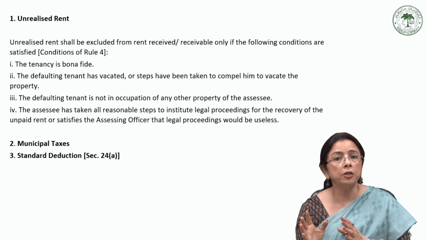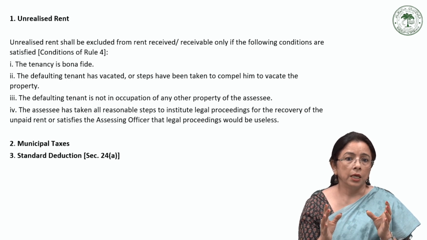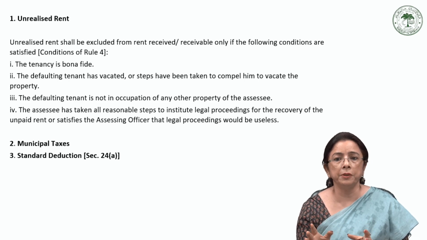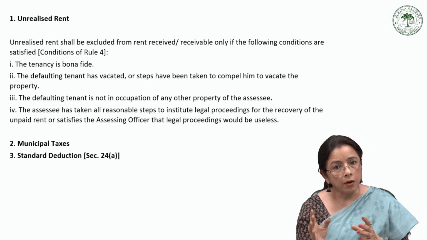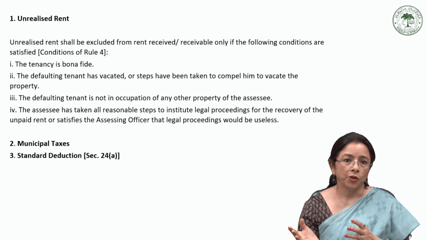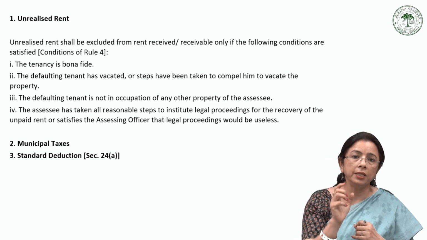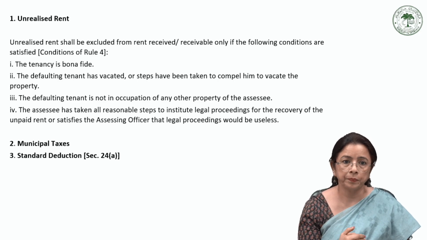They are deductible only if these taxes are borne and actually paid by the owner during the previous year. It doesn't matter whether the municipal taxes paid during the previous year belong to earlier years, current years or coming years. So this tax is allowed to be deducted after the gross annual value is decided.